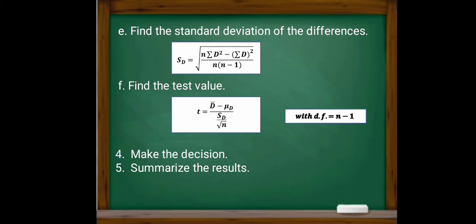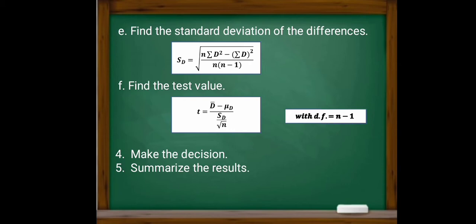Take note, if the hypothesis is equal to 0. The standard error of the difference is the standard deviation of the differences divided by the square root of the sample size. Both populations must be normally or approximately normally distributed.